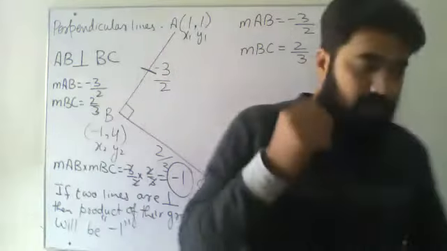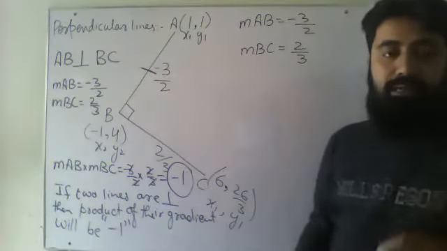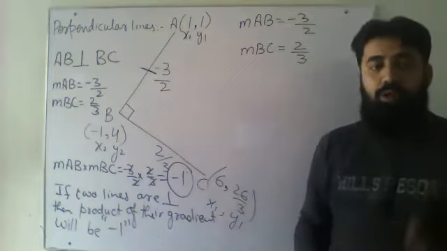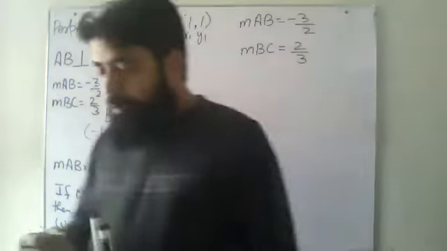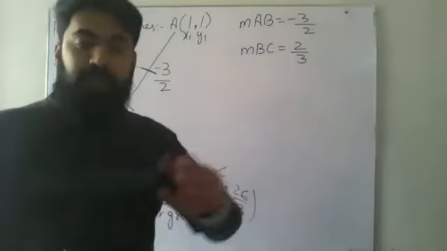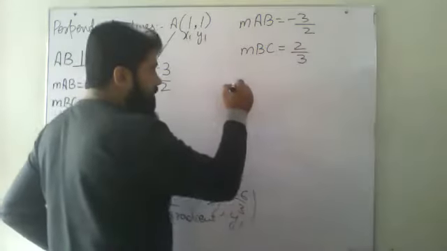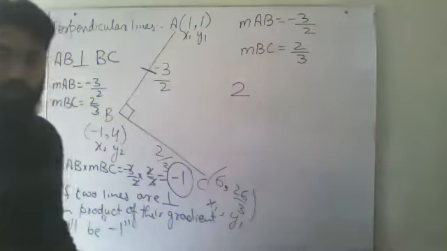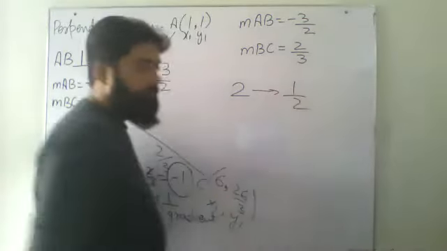Now, first of all, I'm going to explain a little small concept, that is reciprocal. What do you mean by reciprocal? Reciprocal means changing numerator into denominator and denominator into numerator. So if I say what will be the reciprocal of 2, the reciprocal of 2 will be 1 upon 2.